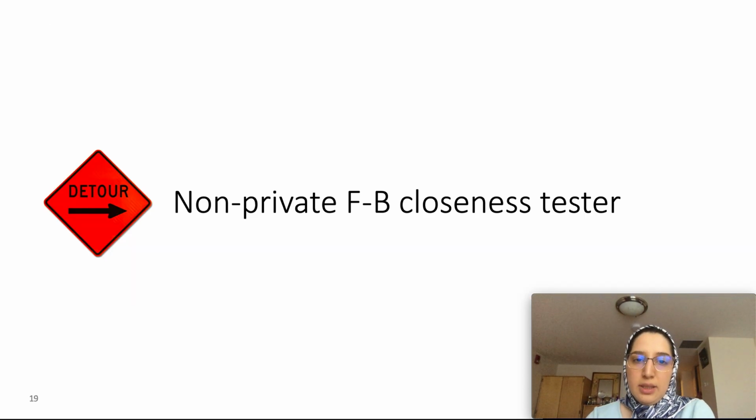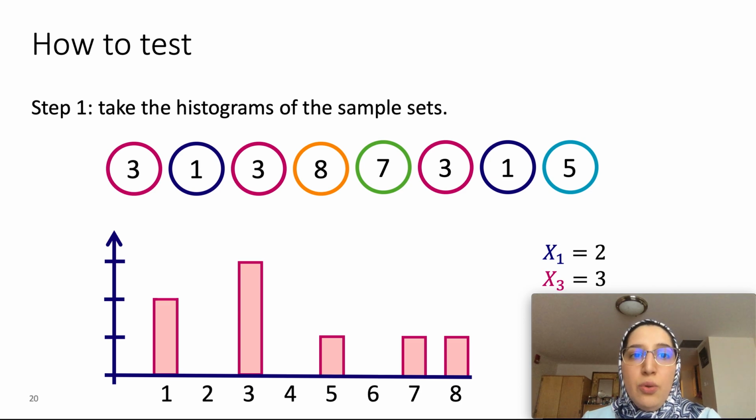So let me talk about the algorithms that we used. But before that, I need to explain what this flattening-based non-private tester is, and then we can talk about how to privatize that. The flattening-based tester basically works with the frequency of the elements in the sample set.